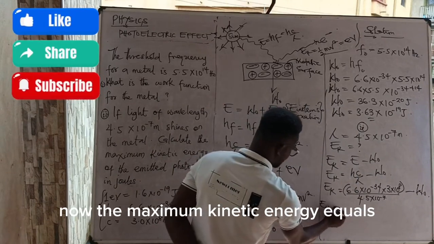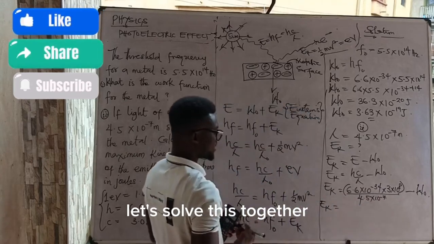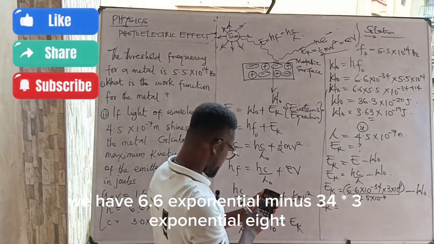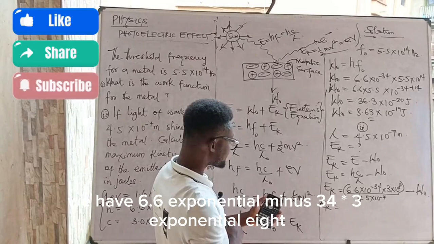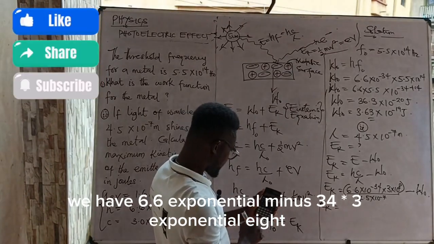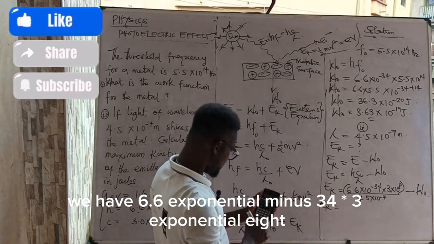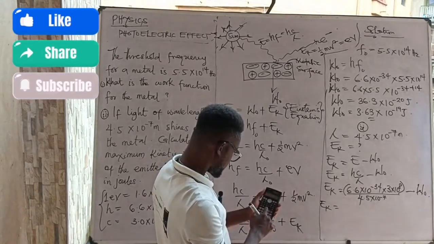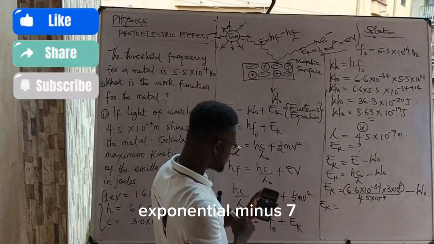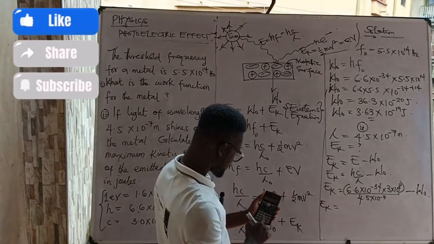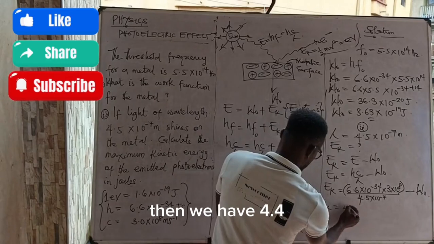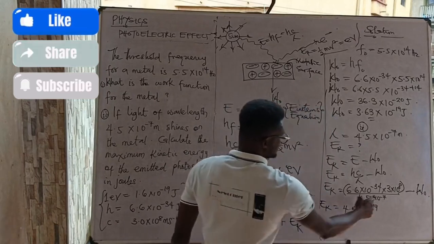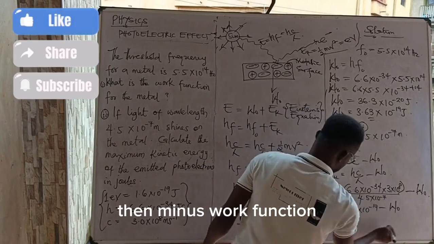The maximum kinetic energy equals, let's solve this together: 6.6 × 10^-34 times 3 × 10^8, divided by 4.5 × 10^-7, gives 4.4 × 10^-19, then minus the work function.